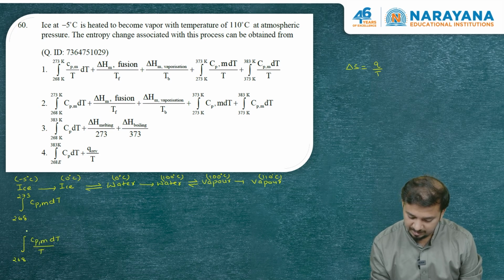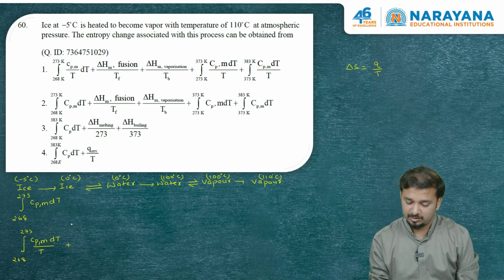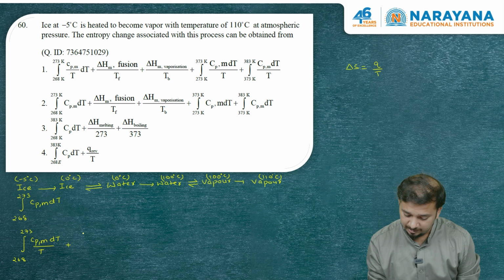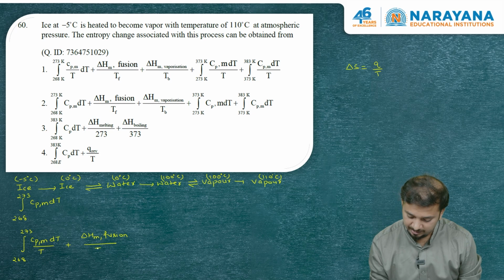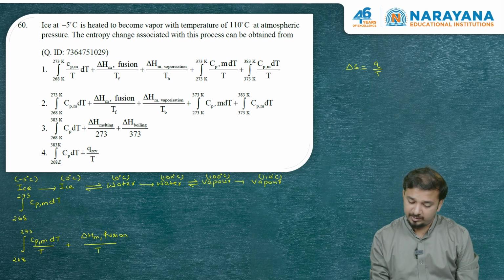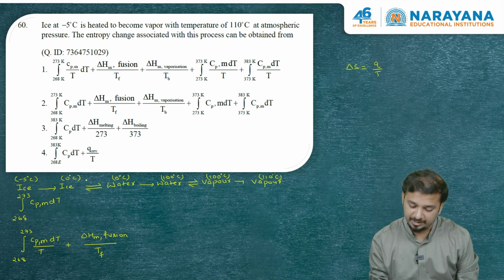Limit will be 268 to 273. For this process there is melting, so we can write delta HM fusion, that is heat, divided by the temperature, that is 273 Kelvin, which is fusion temperature. So this will be the change in entropy for second part.